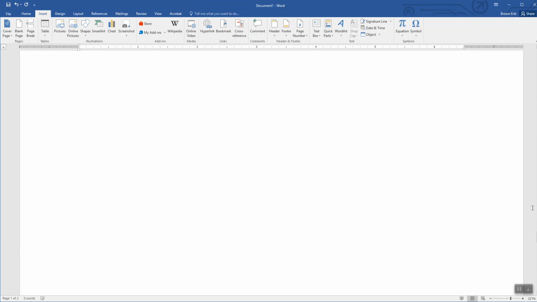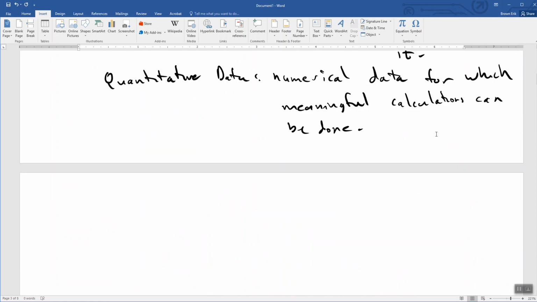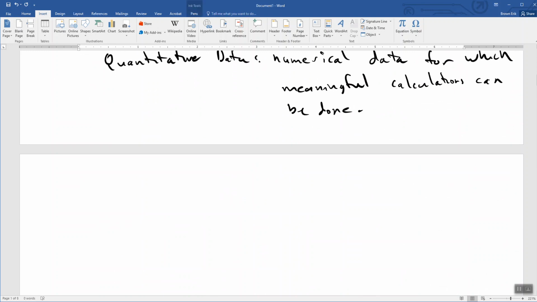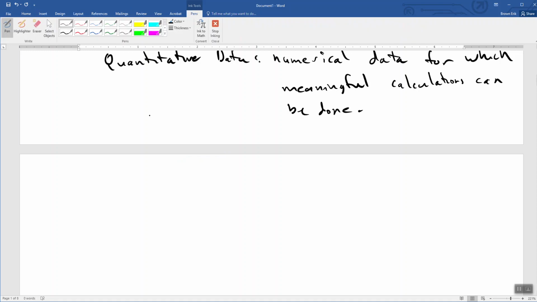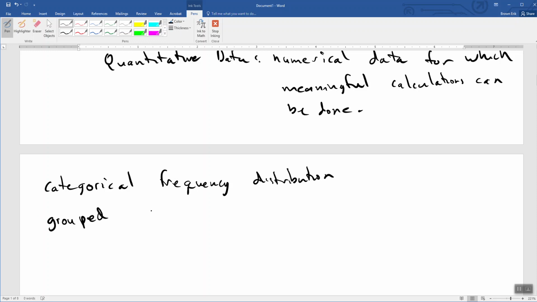Okay, and so then what we did with that is we then created grouped frequency distributions and categorical frequency distributions. So you need to be able to read those and understand the kind of information they tell you. So let's see, the categorical frequency distribution, and a grouped frequency distribution.